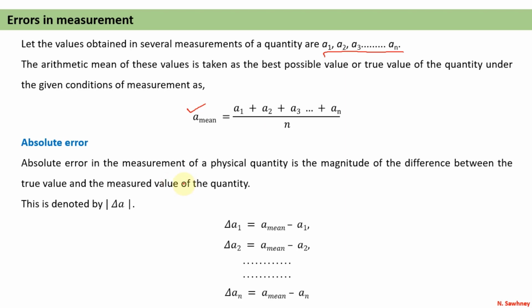Absolute error in the measurement of a physical quantity is the magnitude of the difference between the true value and the measured value of the quantity. Here the true value is the mean we have just calculated, and A1, A2, A3 are the observations. It is denoted by mod of delta A, that is the representation of absolute error.